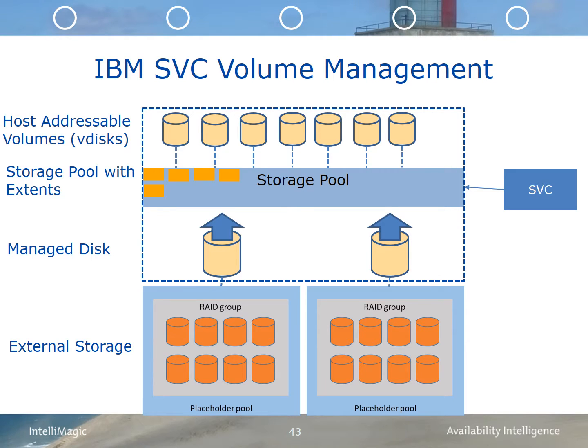And then those volumes are imported into SVC as managed disks or managed volumes, and then they're provided to a storage pool. Now, the storage pool consists of some amount of space that was provided to it by multiple LUNs, and within that, it's broken down into 1 gigabyte partitions or extents. And then those extents are provided to the host.